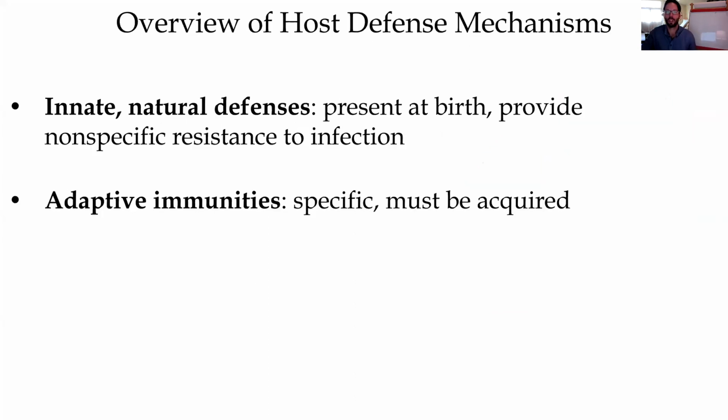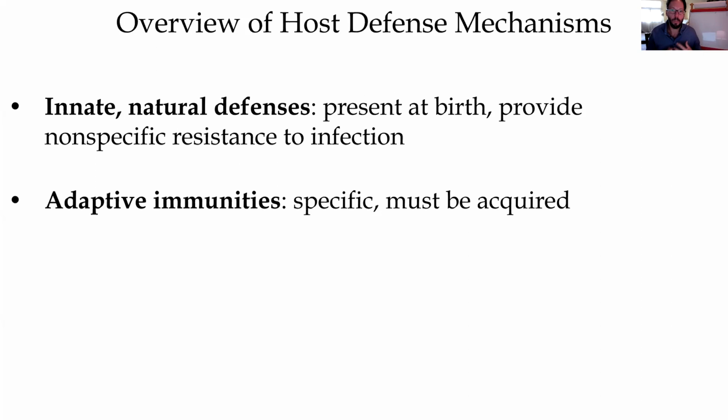Okay, so just to review, innate natural defenses are going to be non-specific. They're going to be present at birth, right? You're born with a certain repertoire of innate immune defense. Adaptive is specific, and that's what you're going to acquire over time.